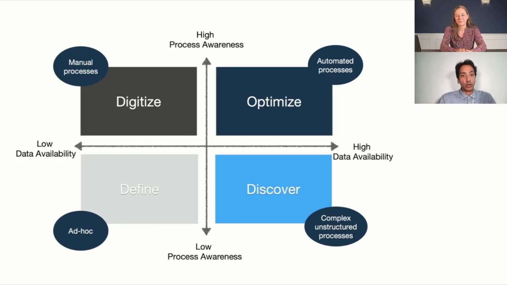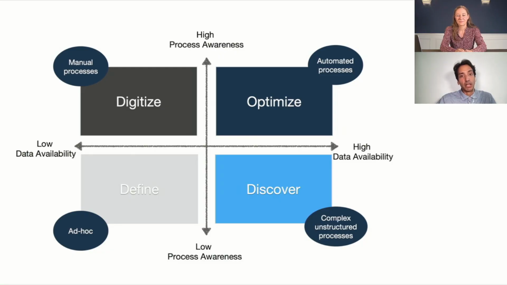And in the project selection guide, if you are looking at your very first process mining initiative, we recommend picking something in the top right corner, because if you want to make an impact, it's easier to do so there. You don't have to have the discussion about the standard or standardizing the process, which can take quite some time. You should take the time if you create such a standard.